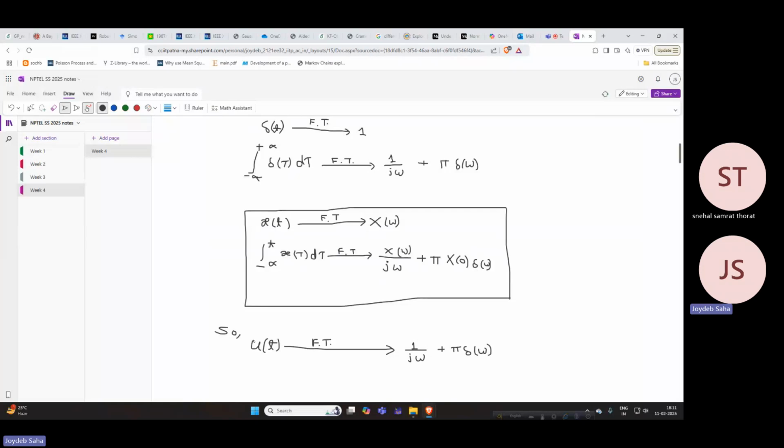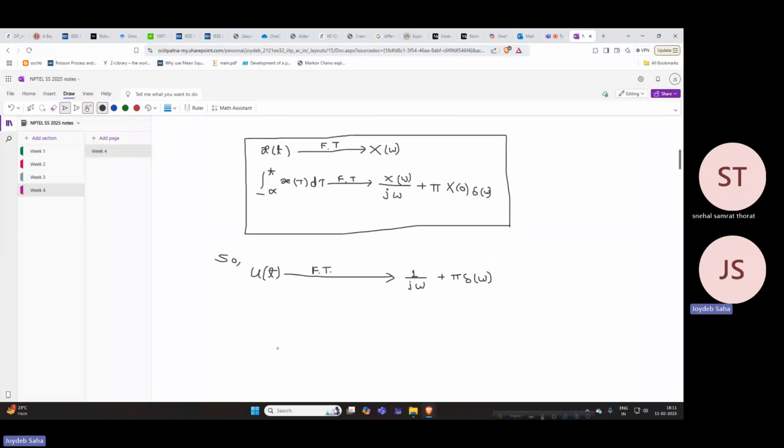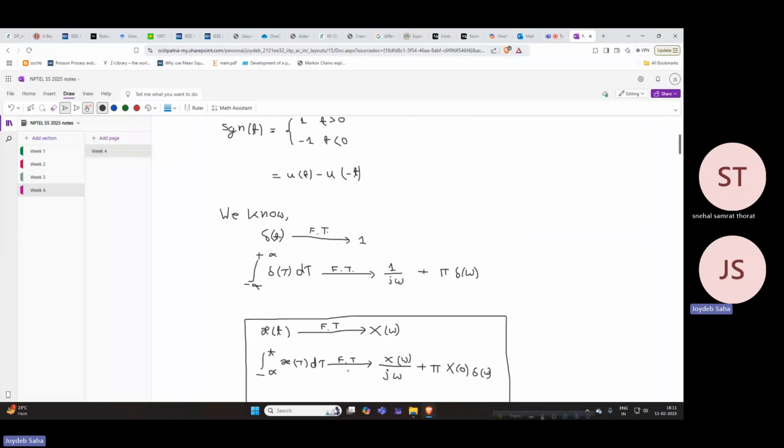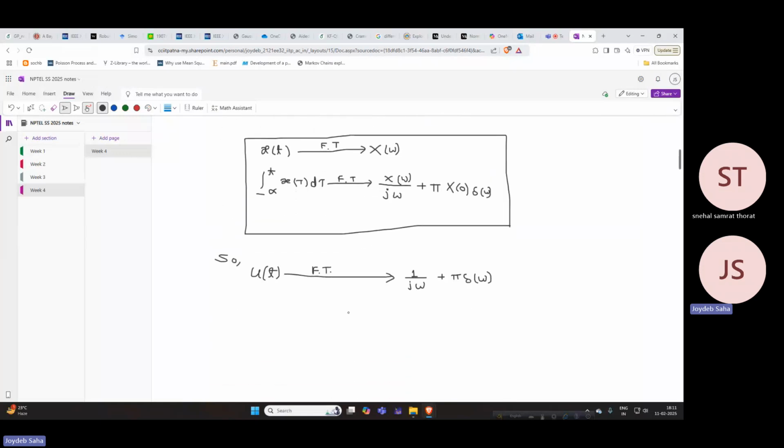Now we have to find another Fourier transform. We have to find the Fourier transform of u of minus t. Simply we will use the time reversal property. So let's write it again.